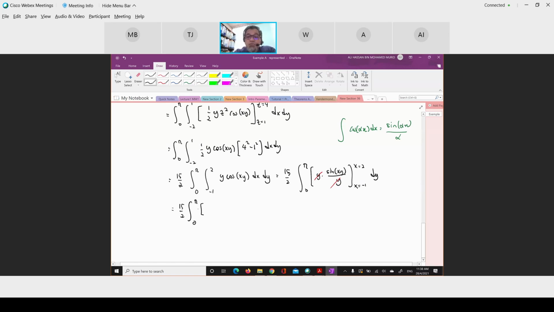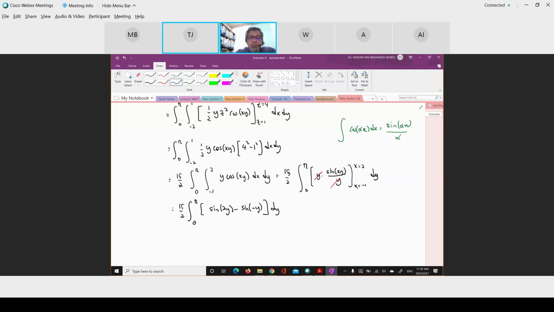First we substitute x equal to 2, so we get sine 2y, minus, then we substitute x equal to -1. May I interrupt?